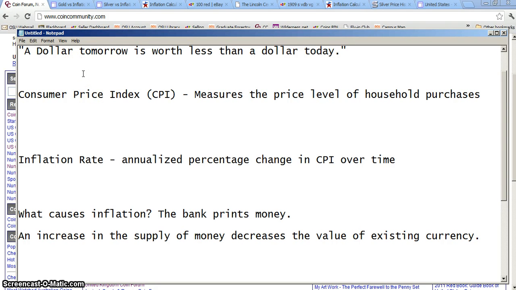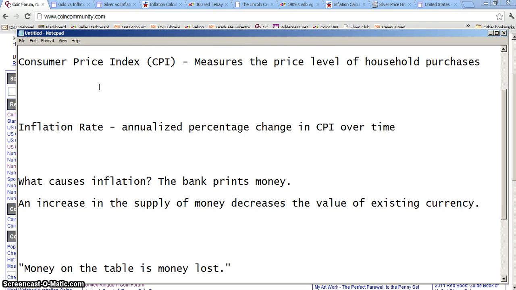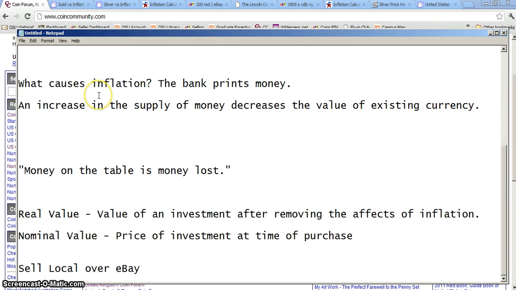Now, I want to dive into two examples of how our numismatic items' price and values might vary over time. Okay. Before we do that, let me explain right quick real value and nominal value. Okay.